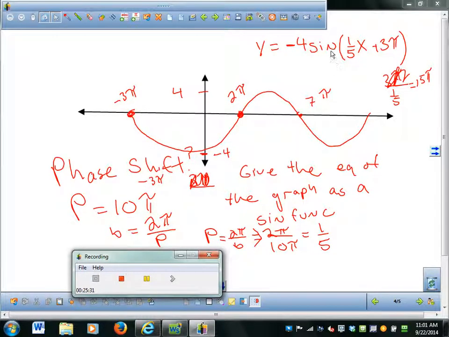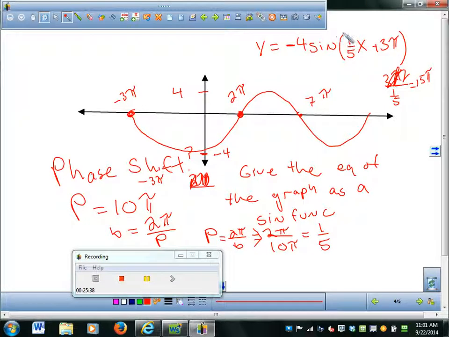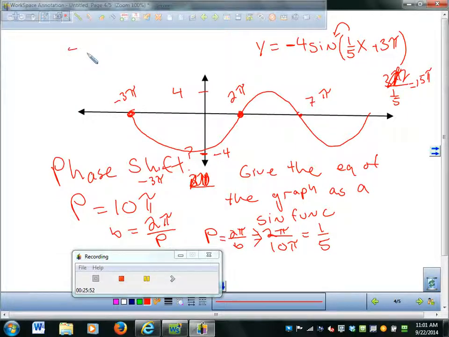Okay, the phase shift is negative 3 pi, but this is written wrong, because that would be the case if the 1/5 is outside here. So for the phase shift to be 3 pi, I would have to write this as negative 4 sine, with the 1/5 outside, of x plus 3 pi.